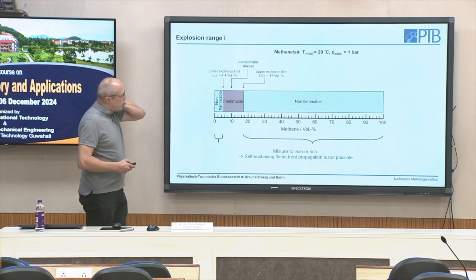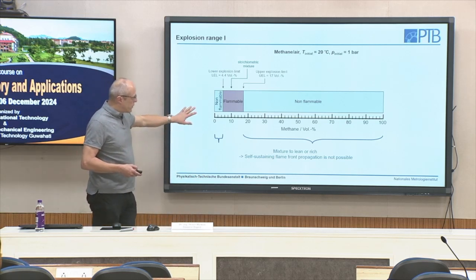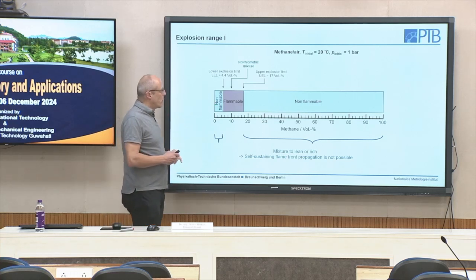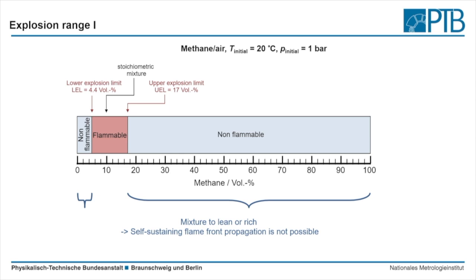When we look at the numbers of the plot, we always have a non-flammable region for most of the substances below the lower flammability limit, and a non-flammable region above the upper explosion limit or upper flammability limit. These mixtures are too lean or too rich, and a self-sustaining flame front propagation is not possible.